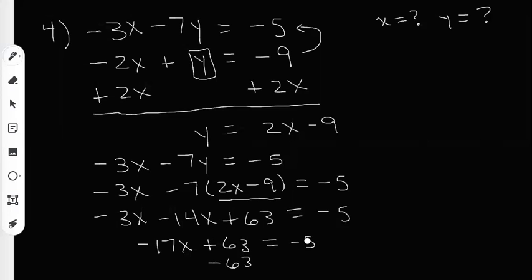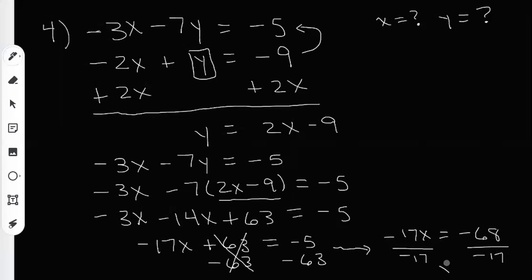I can only if I subtract it from both sides. See how that kind of neutralizes the positive 63 with the negative 63? So these are going to cancel out, while all the numbers are going to move over to the right side. So putting all of those together, I get negative 68 on the right side. And then I can divide by negative 17 to get the x by itself.